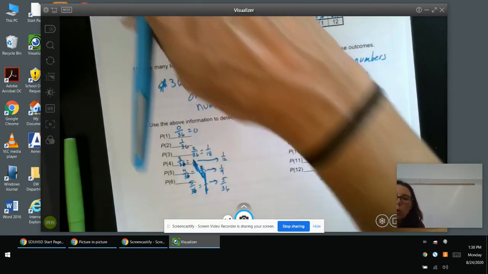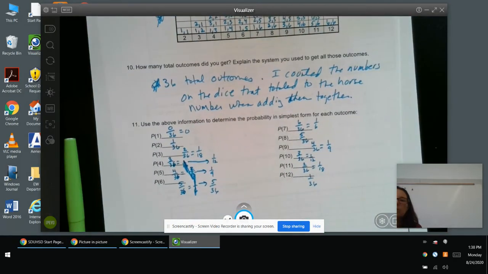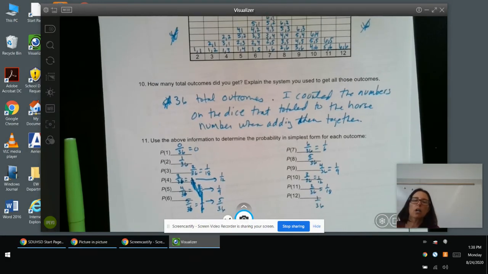Okay, so here's my question. If you were a horse, 2 through 12, which one would you like to be? Does everybody understand that horse number 7 has a higher chance of winning than any other horse?